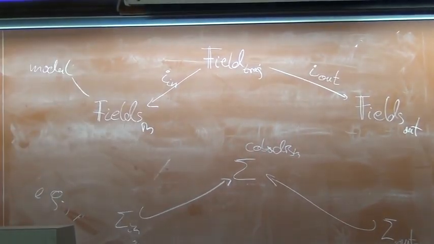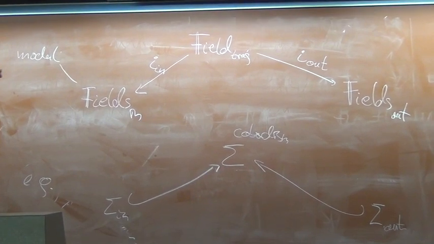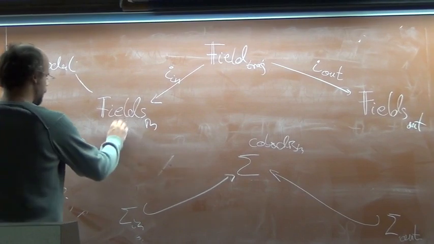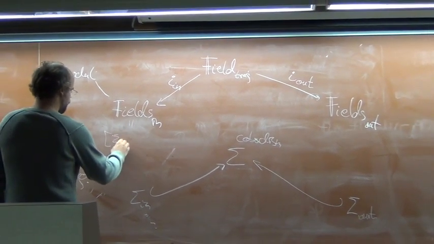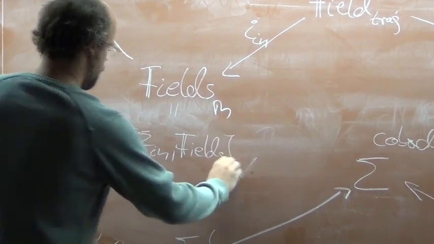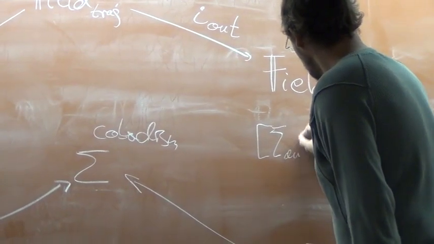This is a correspondence, representing this cobordism. And just by forming the internal Hom, the mapping stack, we can say fields in is the fields on sigma in, the universal fields on sigma in. And corresponding to the outgoing fields are just the fields on sigma out.